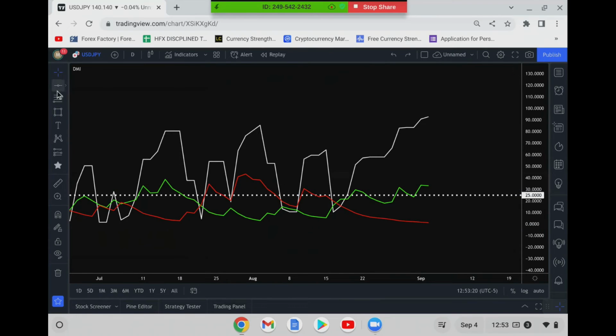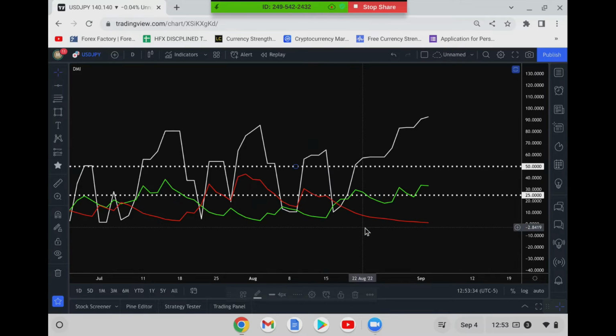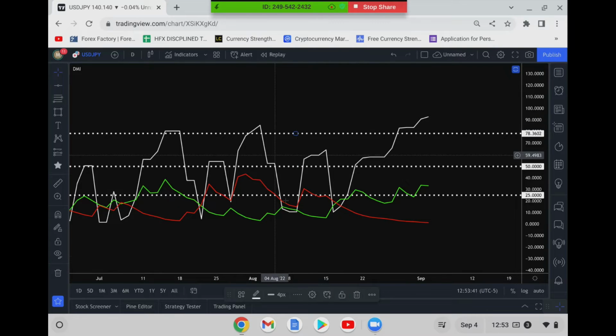So I'm going to go ahead and plot a few other lines here. So let's change the coordinates of this one to 50. And then the next one to 75.